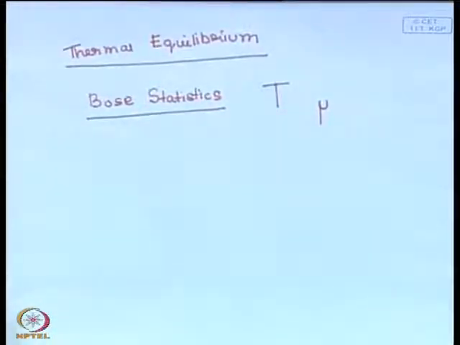Now, photons are not conserved. That is something I should have mentioned right in the beginning also. So, you can use these thermodynamic considerations to calculate the energy and then everything else, because photons can be destroyed and created. Okay. So, the number of photons essentially adjusts itself to the temperature. Depending on the temperature, the number of photons will go up or down. Okay.